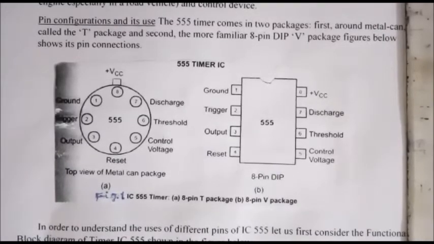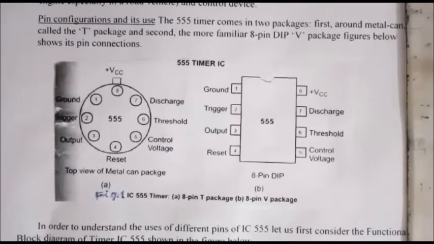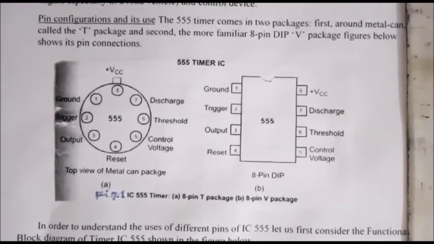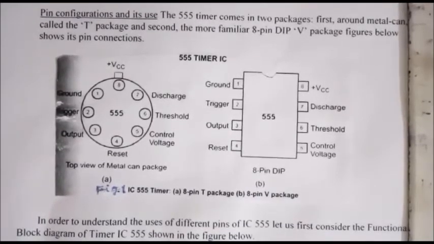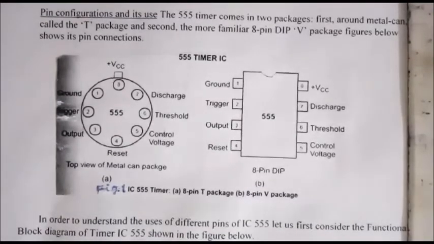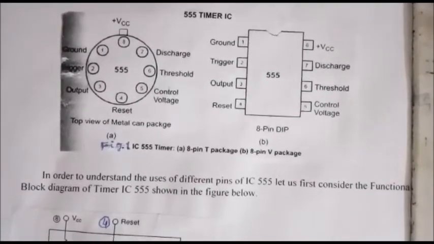The first pin is the ground pin, second is trigger, third is output, fourth is reset pin, fifth is control voltage pin, sixth is threshold terminal, seventh is discharge terminal, and eighth is plus VCC, that means power supply terminal.